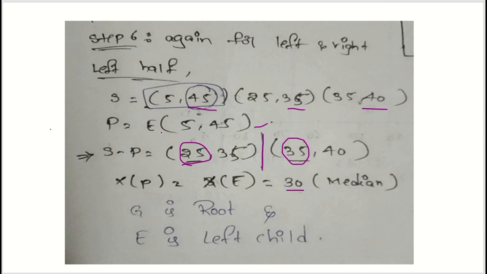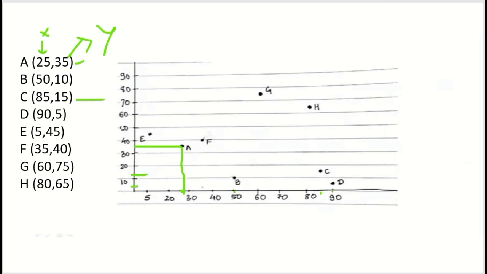So here E is the left subchild of G. I will simply represent it as L. L means left child. So E is left child of G.